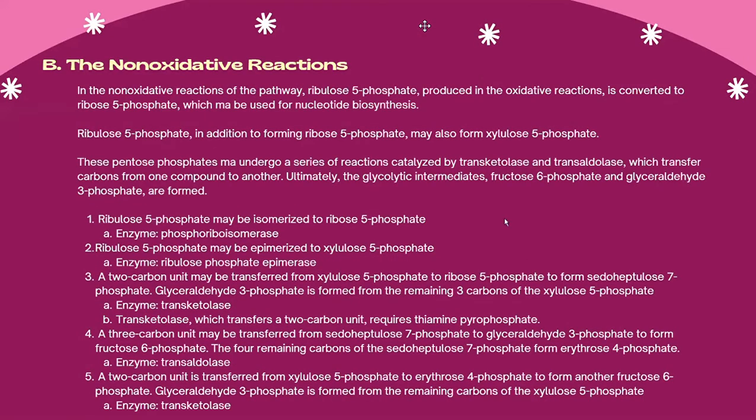Okay, so these are the non-oxidative reactions. As we said, they could be converted to intermediates for your glycolysis. That's why there is a relationship between the pentose phosphate pathway and your glycolysis.